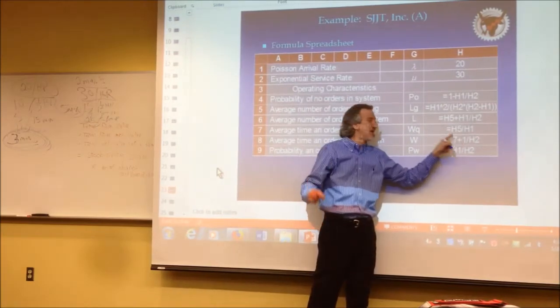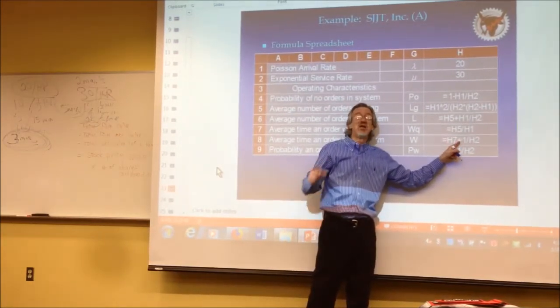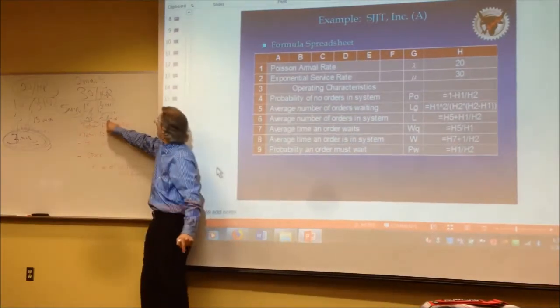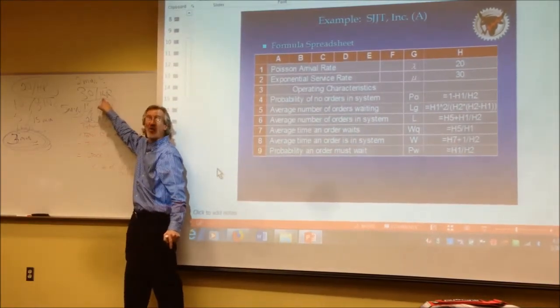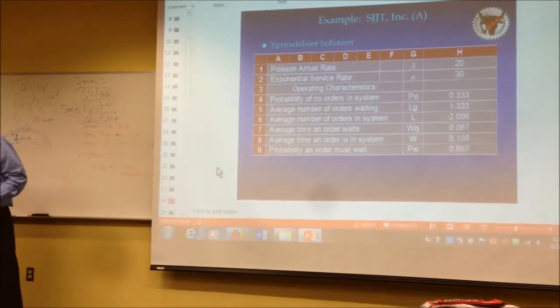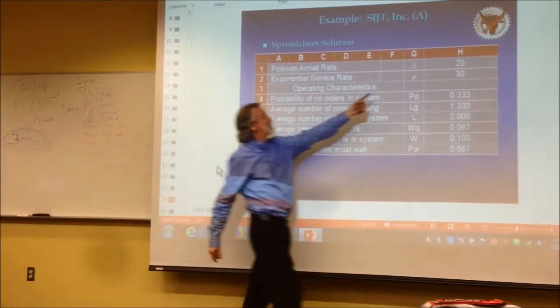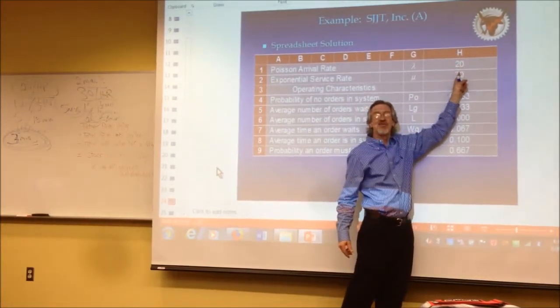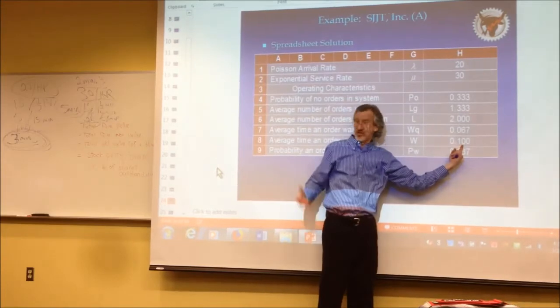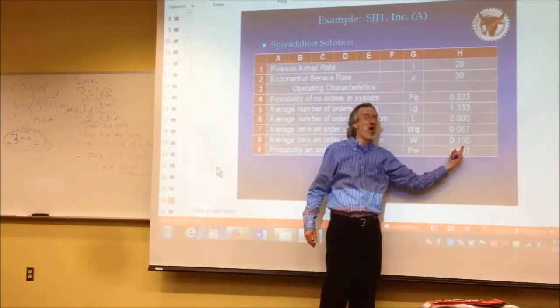What changes is this number will be the amount of time per 5 minutes instead of the amount of time per hour. So right now, this was entered, 20 per hour arriving, 30 per hour service. Average amount of time a customer spends in the system is 0.1.